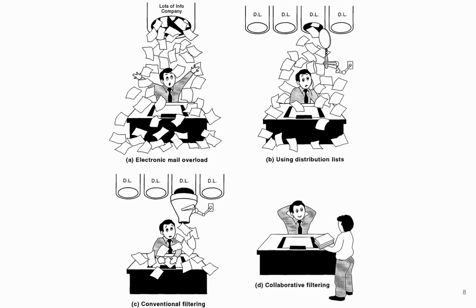Conventional filtering does some filtering on top of the distribution lists, but this filtering is considered not to be ideal. What we would like to have is a situation where the user is only shown emails that are of interest to him or her.